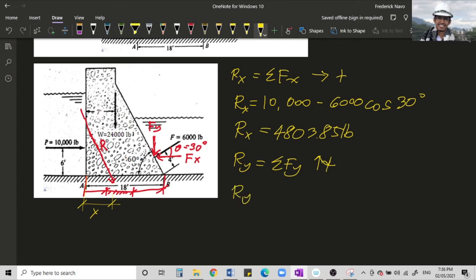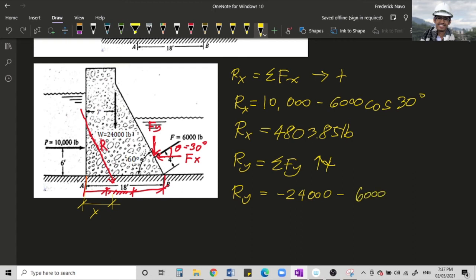So, Ry is equal to, so the weight of our dam is 24,000 pounds. Okay? It acts at 7 feet from point A. So the 24,000 going downward is negative, negative 24,000 pounds. And our Fy, di ba? That is downward then, minus the Fy, that will be 6,000 pounds.